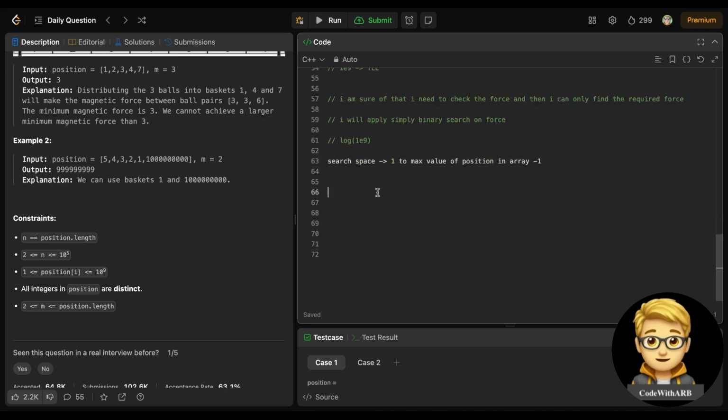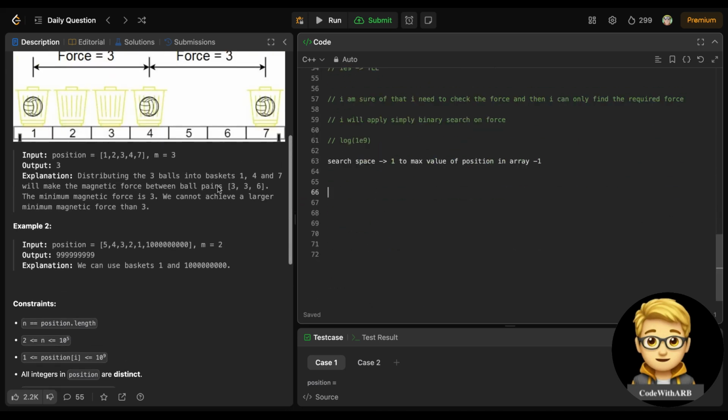So if I take the same example as this, the maximum search space here is 6, right? So the lower value is 1, in the same format as before, and the high value is 6.